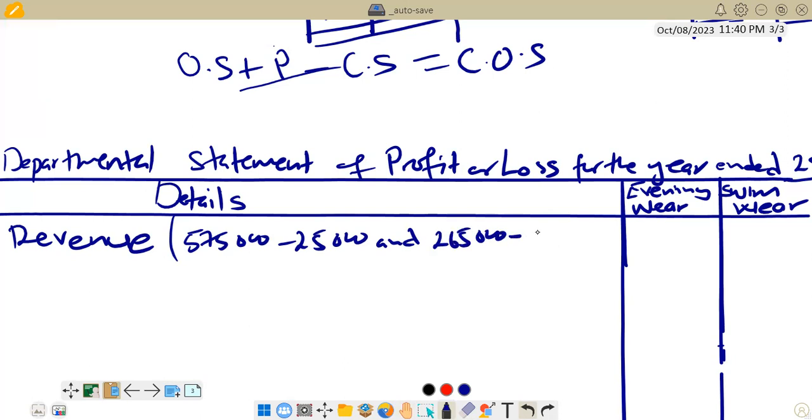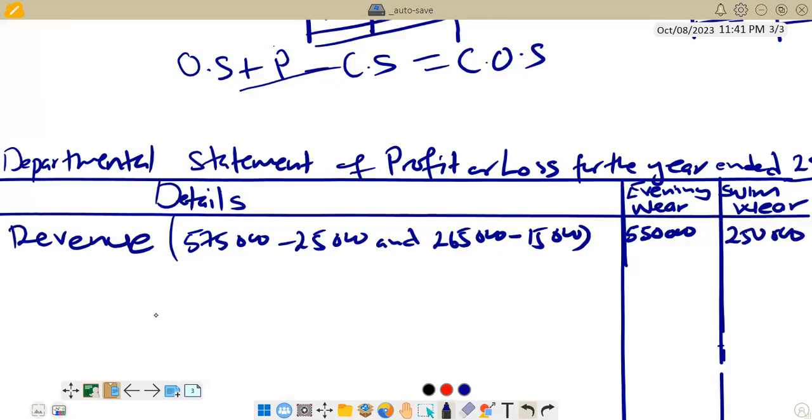And then you subtract 15,000. So if you do this for evening, 575,000 minus 25,000, you're supposed to get 550,000. Then you go to swimwear, you say 265,000 minus 15,000, then you get 250,000.